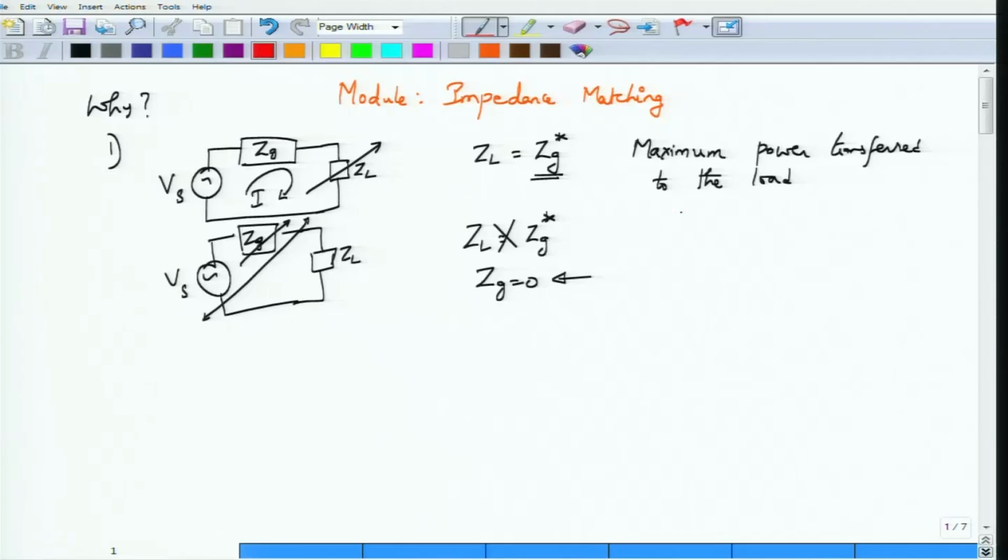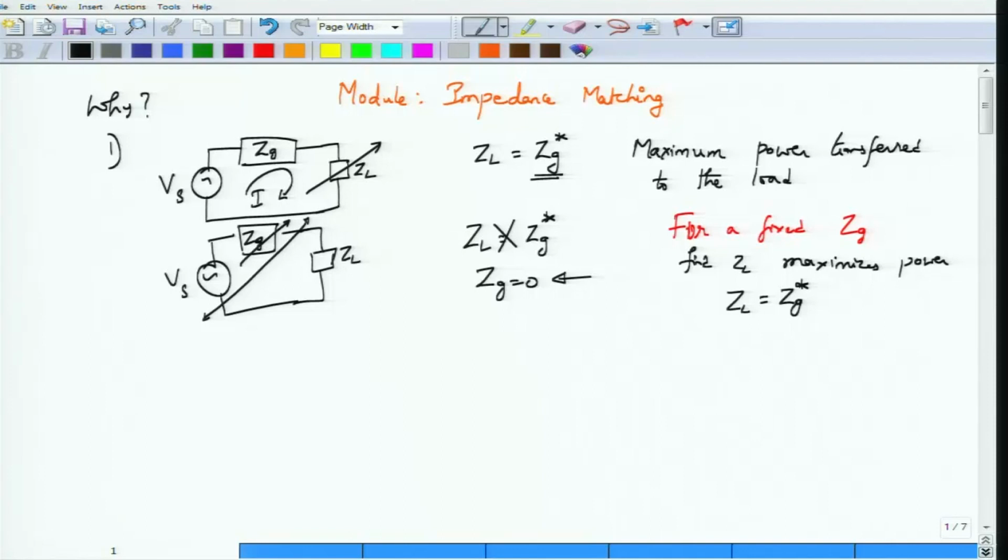Basically what it says is that for a fixed Zg, find ZL that maximizes power, and that maximizes power transfer in this case would be ZL is equal to Zg complex conjugate. So you don't normally encounter a situation where the load is fixed and you can actually vary the Zg component, I mean the source impedance, but there are additional equivalent methods of achieving the second result.